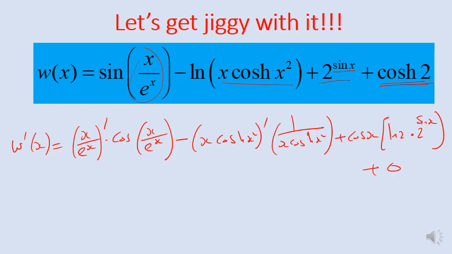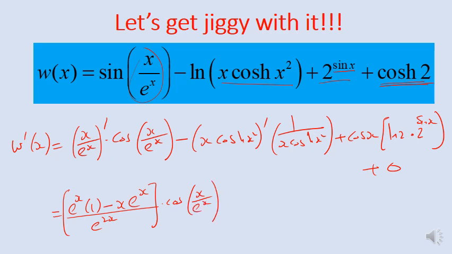Now start to expand the quotient. So here we're getting some. So it's e to the x, d/dx of x is 1, minus, keep x constant, differentiate e to the x. And this becomes e to the x all squared. Put a bracket over there. This stays as cos of x over e to the x, quotient, minus bracket, differentiate x. You're going to get 1.